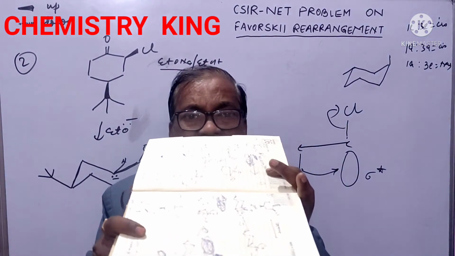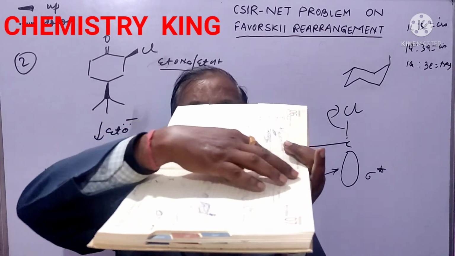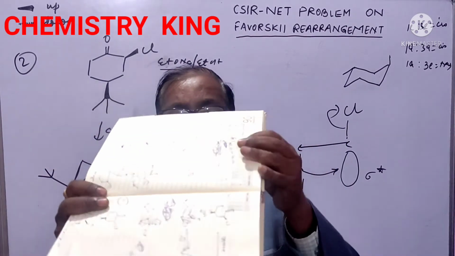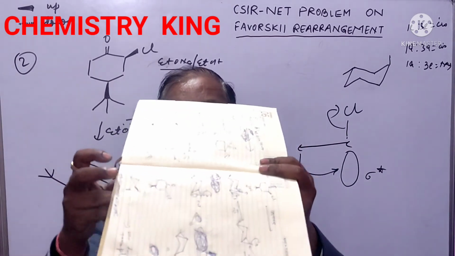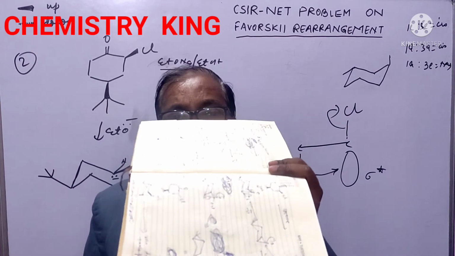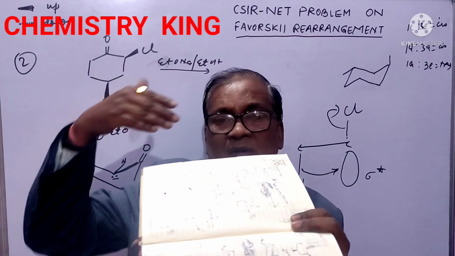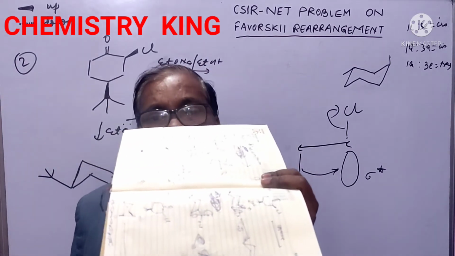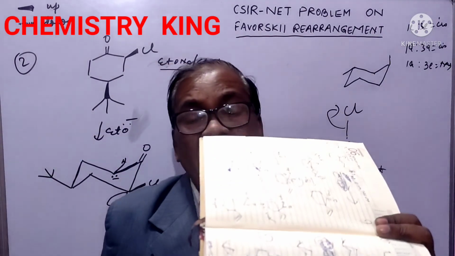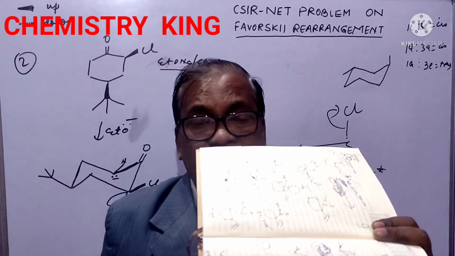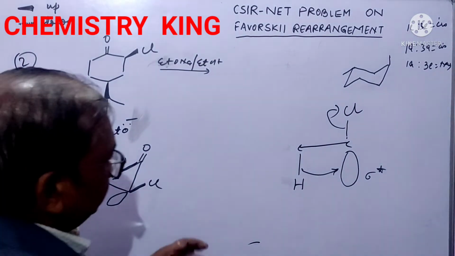If you are taking in this fashion, then it is a carbon single bond, and this carbon-chlorine bond and this carbon-hydrogen bond are anti-periplanar, meaning the dihedral angle is 180 degrees. If the dihedral angle is 180 degrees, it is called anti-periplanar.